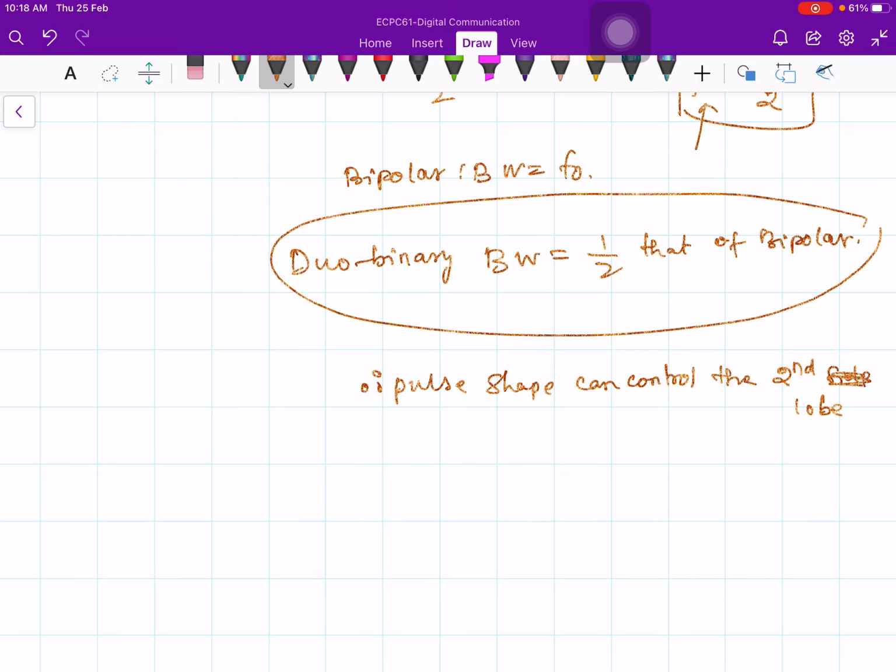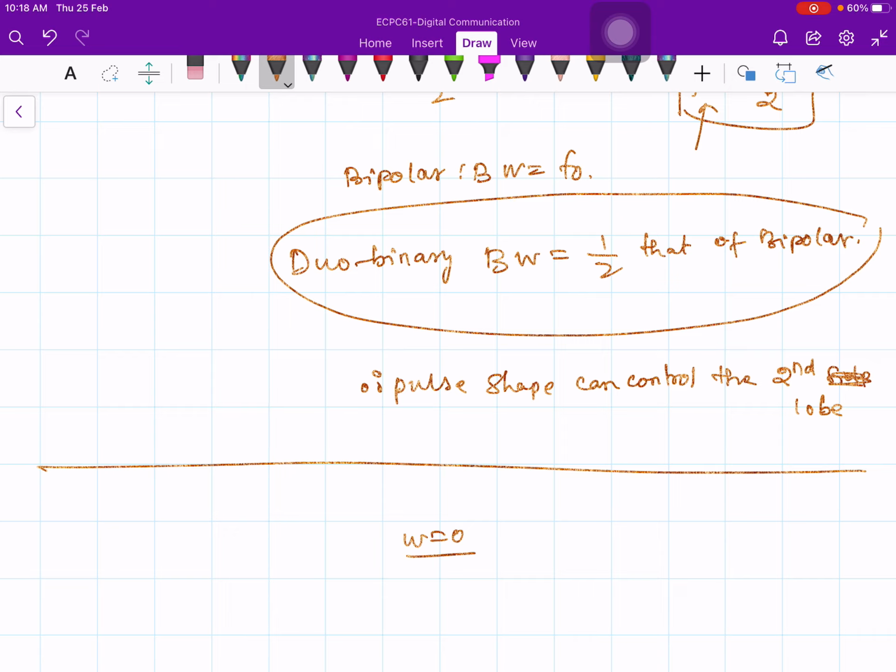Now the other properties of the duobinary scheme are essentially the same as that of bipolar signal, that we have discussed earlier in one of the lectures. So that is quite clear, because like the bipolar, we don't have a DC component. When omega is equal to 0, we don't have any DC component.